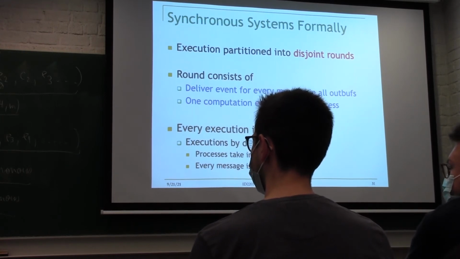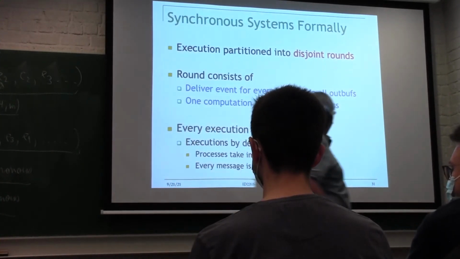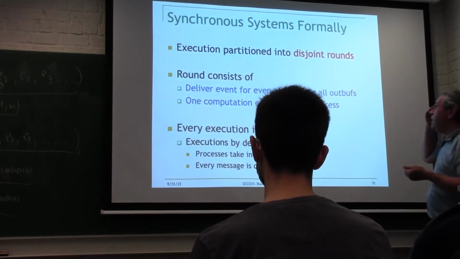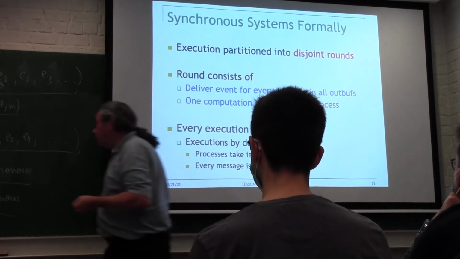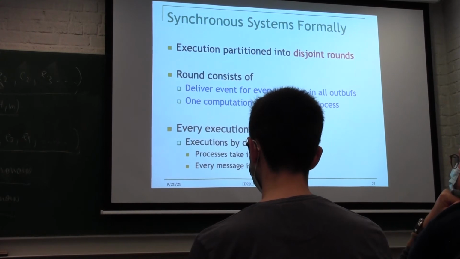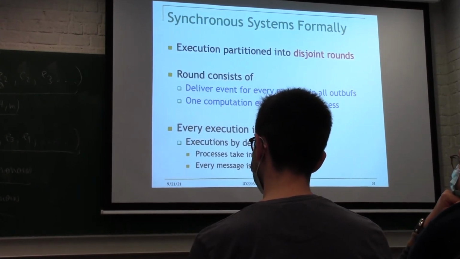We say the dels have to obey an extra rule. So basically we add extra rules to make it synchronous. We separate the execution into rounds. Rounds is just partitioning the execution. So it's something like this.